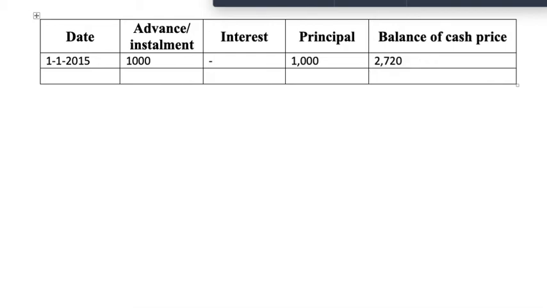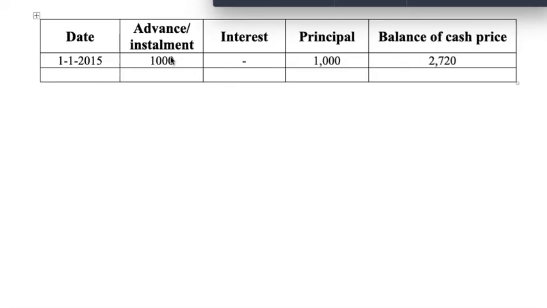Fine. Now he will pay one more installment of 1000 rupees. And we have to charge interest on 2720 rupees. On this installment of 1000 rupees, he is going to pay interest of 136, that is 5% of 2720.